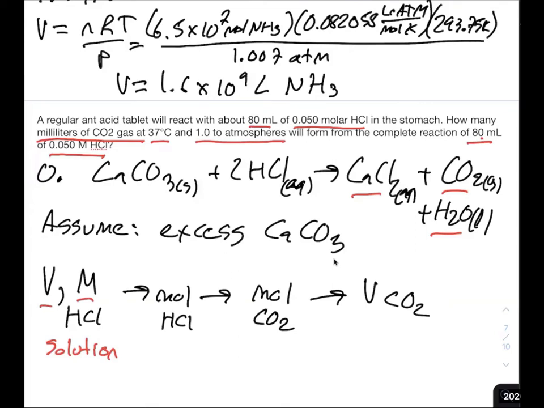We can use that to find the moles of the solute in the solution. Once we have the moles of the solute, using stoichiometry, we can find the moles of the carbon dioxide gas. Once we have the moles of carbon dioxide gas, we can use gas laws, PV equals nRT, to find the volume of carbon dioxide.